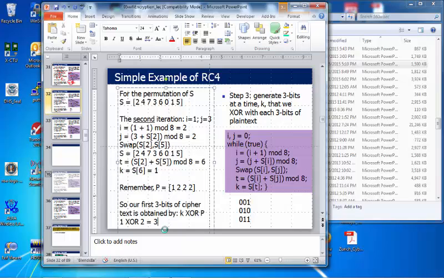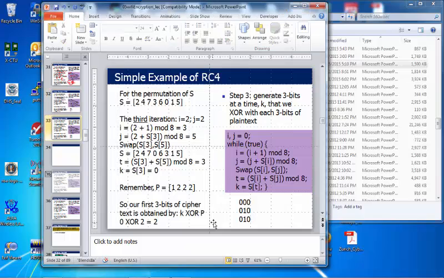Okay, revised. Second iteration is this, and third iteration is this. Fourth iteration.